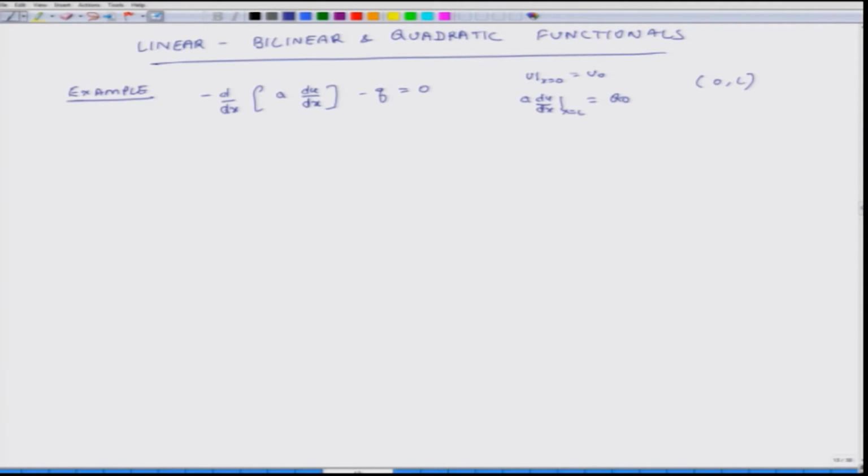Now, we will look at this problem in the context of a bar under compression or tension. So, suppose I have a bar, and I am applying some traction here.